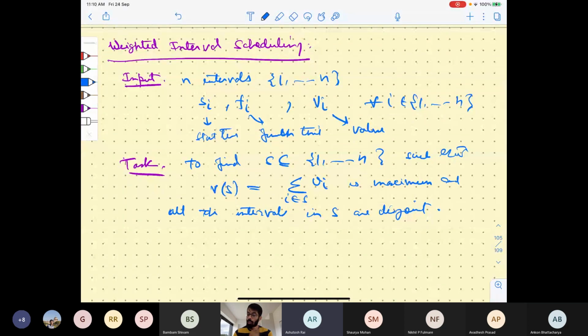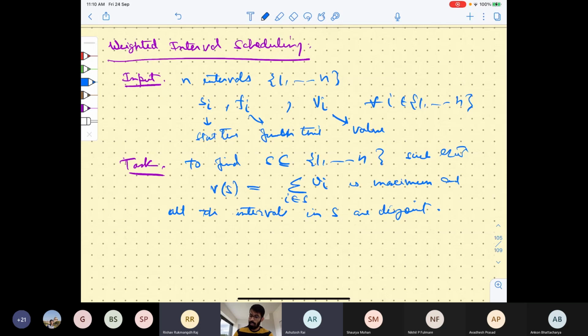So we had seen interval scheduling earlier, and this is weighted interval scheduling. This is a generalization of the interval scheduling problem. Why is this a generalization? Can someone tell? There the vi was assumed to be the same for all the requests.